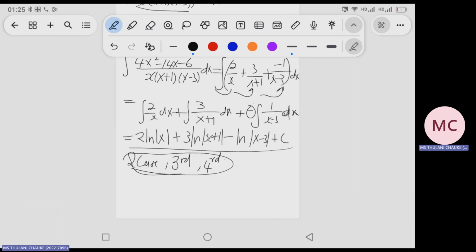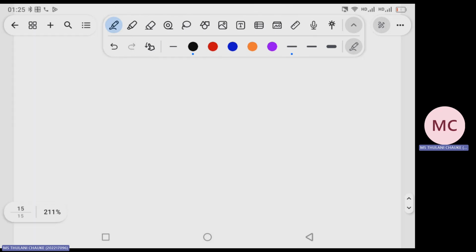Let me see if we can add something here. Under integration, let's see if I have anything to give you to write here. Yeah, you can just go and practice this one. This one will just be for practice purposes.